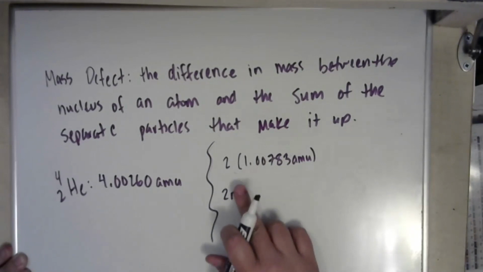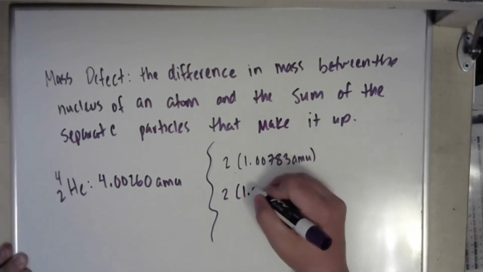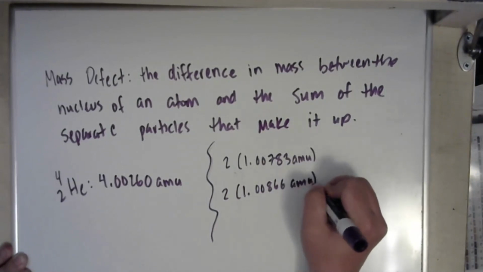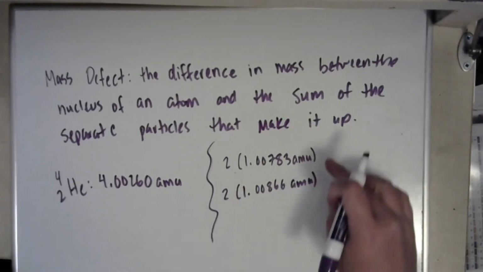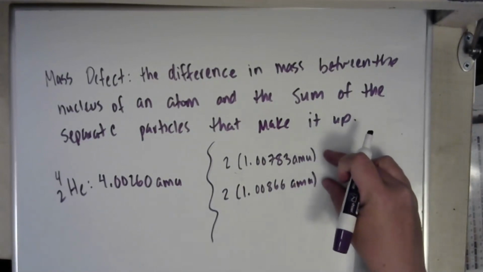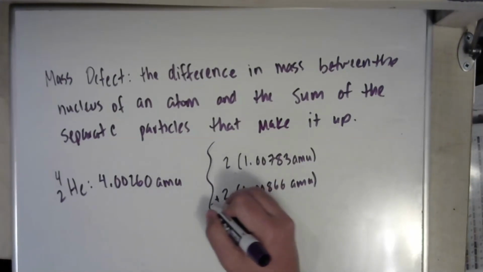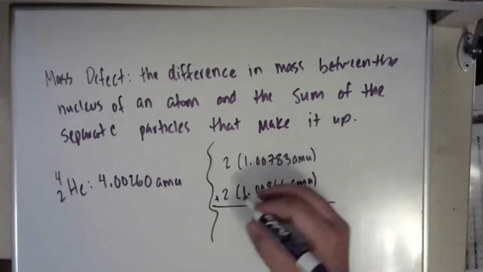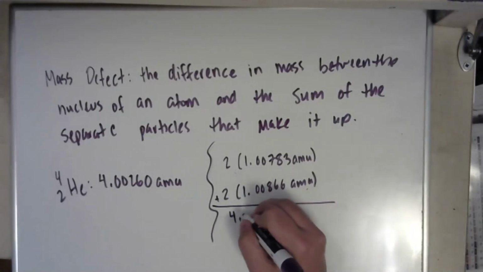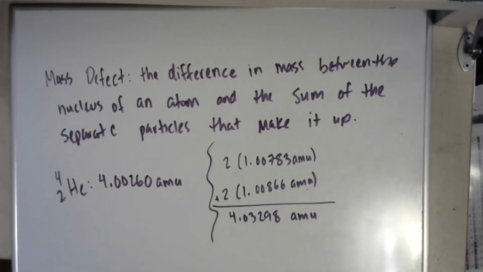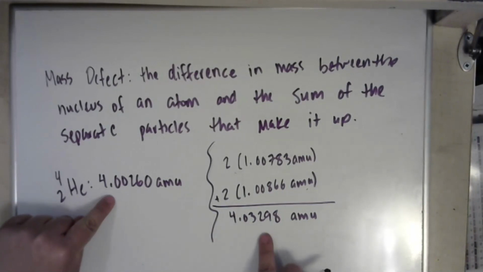Every neutron is going to have a mass of 1.00866. So we would expect that when we add these values together, it would be the same as this value. But when we add them together, we end up with 4.03298 AMU. So this difference in mass is the mass defect.